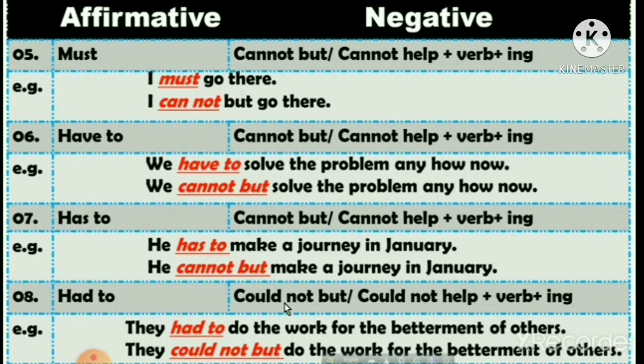He has to make a journey in January, he cannot but make a journey in January. Okay, had to: they had to do the work for the betterment of others, so we can change it this way, they could not but do the work for the betterment of others.